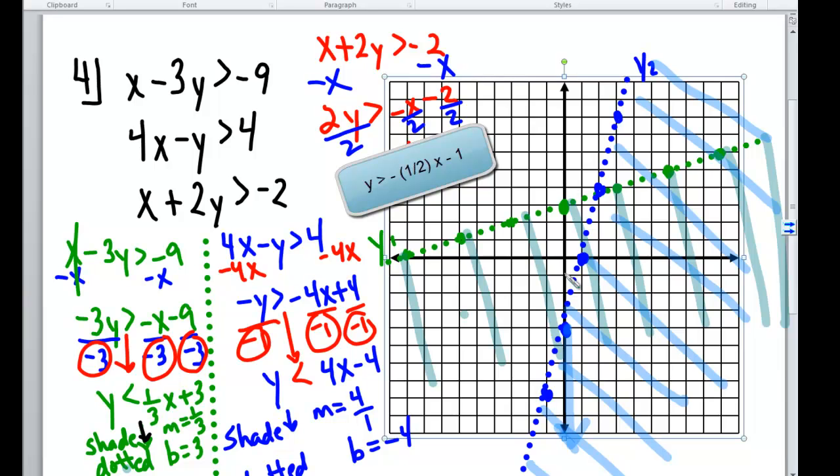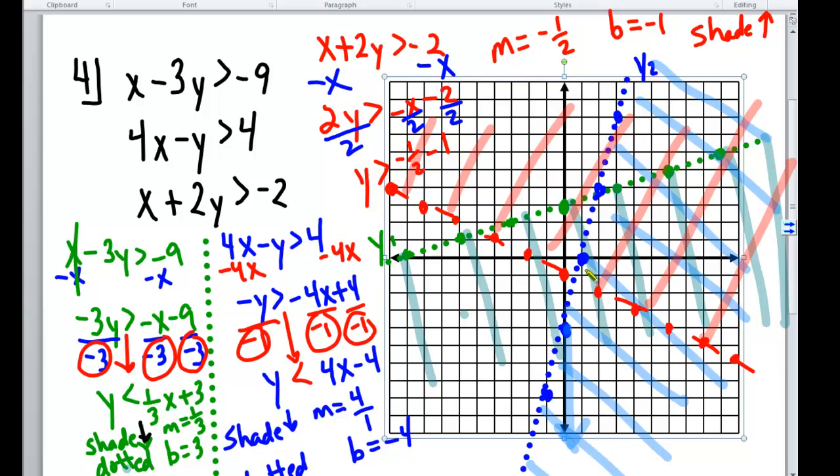Let's graph real quick. This is a negative 1. The slope is negative 1 over 2. Down 1 over 2. The beginning point was negative 1. That's why we started on negative 1. It's dotted. And we shade up.